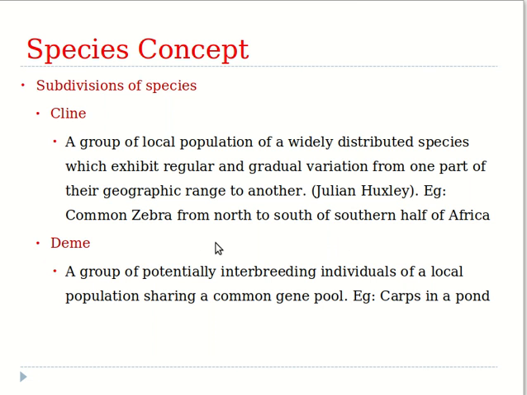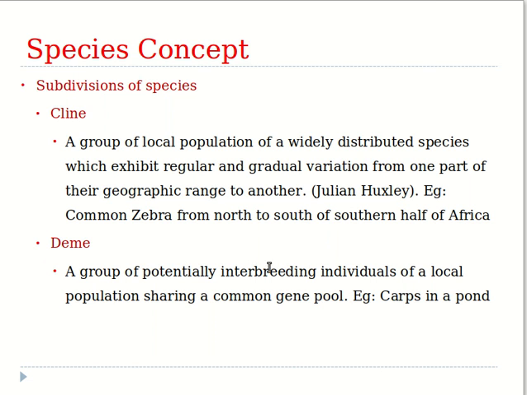So, when we study the zebra populations from north to south of the southern half of Africa, we can see that the black stripes on the leg decrease as we move from north to south. Such a character gradient is what is referred to as a cline. Here the traits involved usually have adaptive value for the organism, and we cannot say that these are completely reproductively isolated. Needn't be.